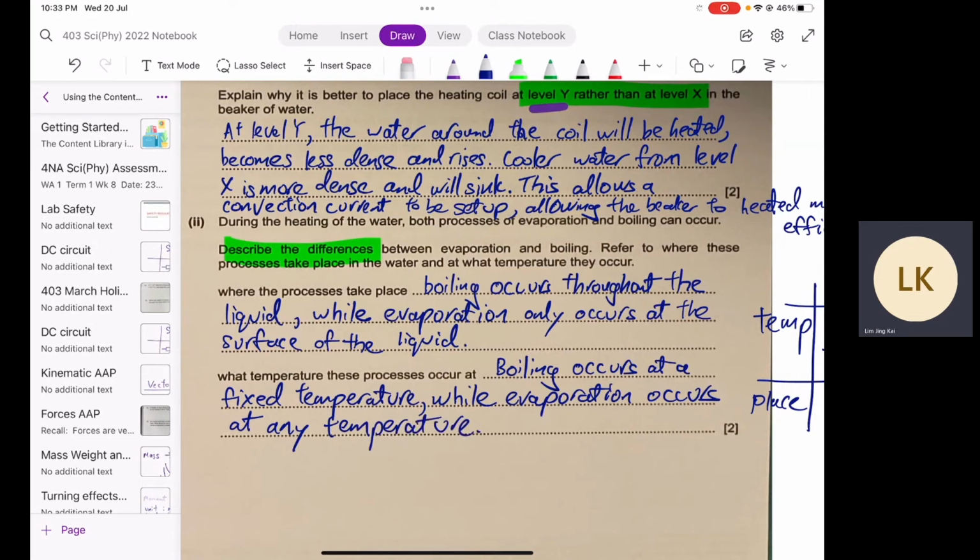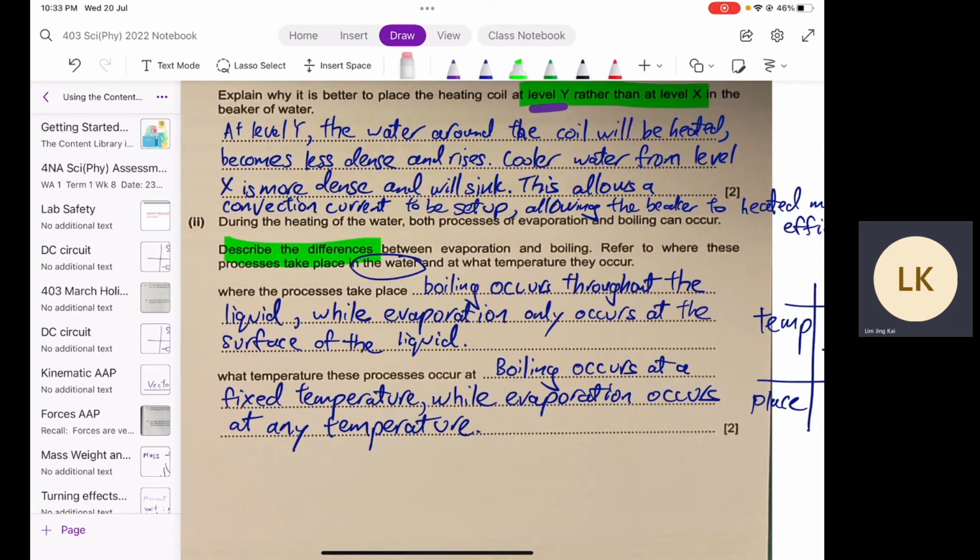So for this particular question, they did not really specify a lot. They're really just asking you to compare. So let's check back whether we have satisfied all the conditions for the question. In the next part, they say refer to where these processes take place in the water, and at what temperature.